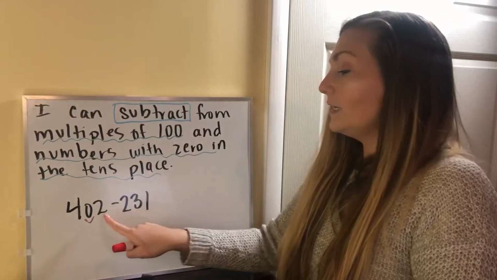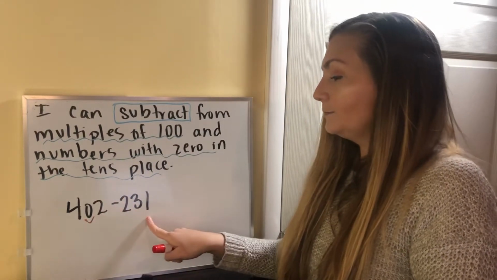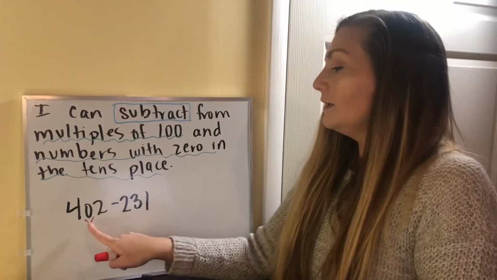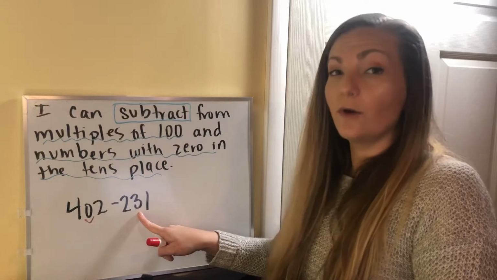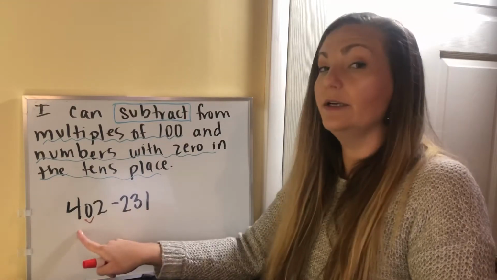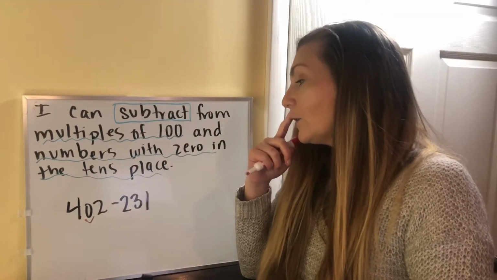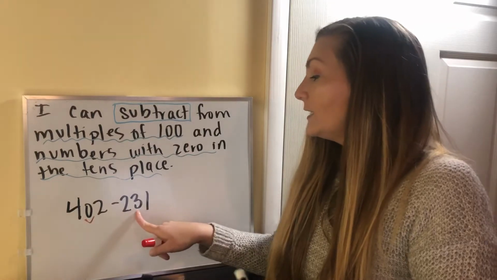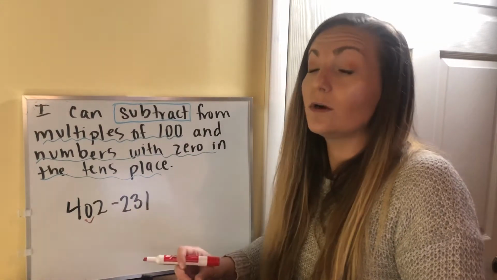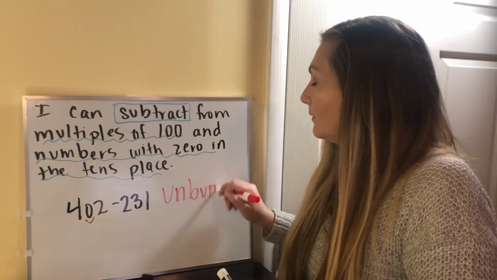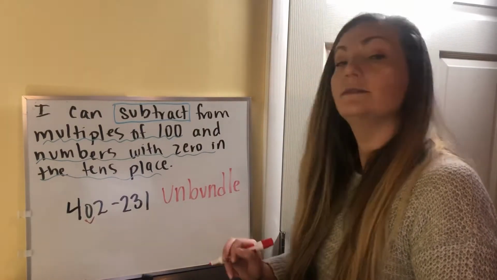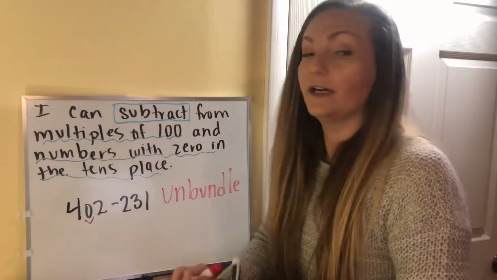We start in the ones. We can take away the ones. We can do 2 take away 1. We could even do that mentally. Can we do 0 take away 3? So we are going to have to unbundle in the hundreds. If there's a 0 here and we're trying to take away a number that's more than 0, we're always going to have to unbundle, okay? And that's what we'll be doing here.